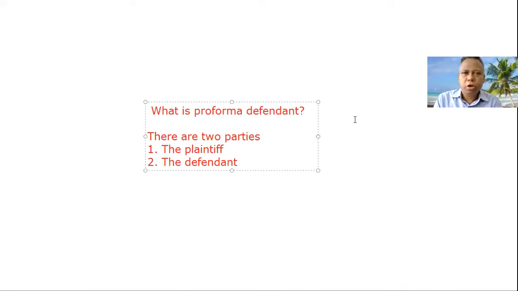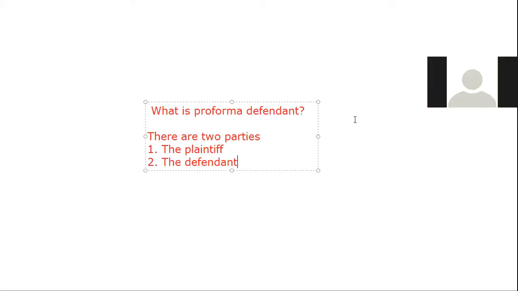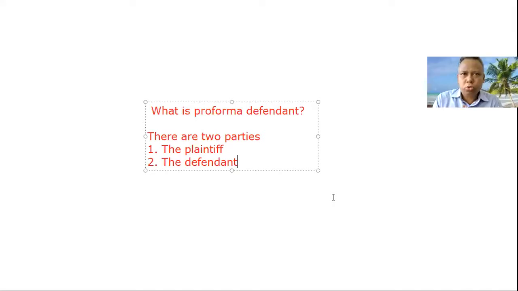Sometimes, let me give you an example. The person whose presence is required: a land has been recorded wrongly in the name of the government, and the landed property has already been leased out by the government to a third person.